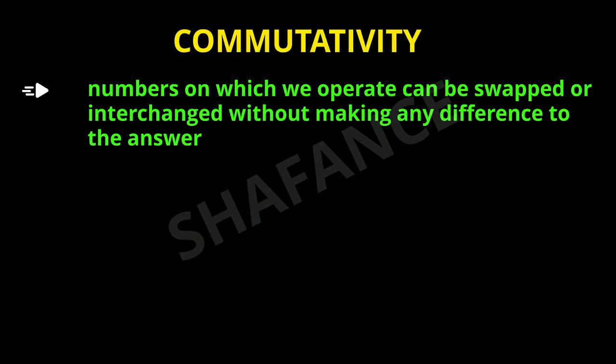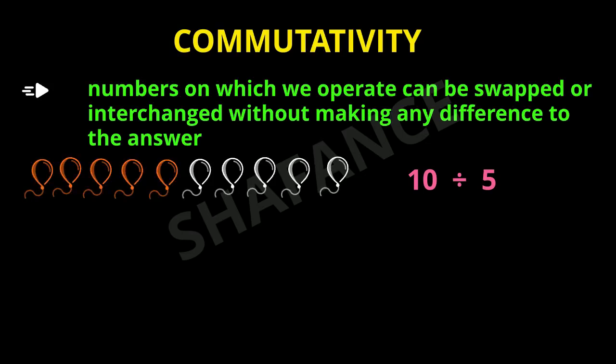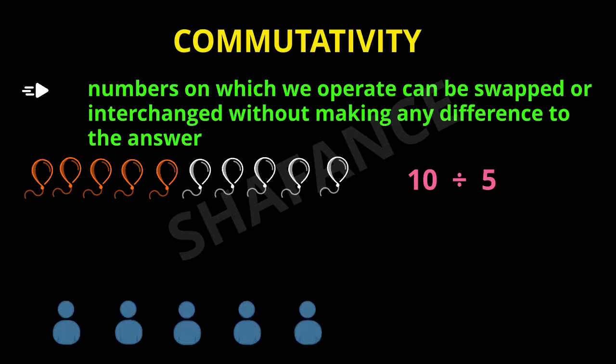Now we will see whether commutativity holds true for division also or not. Let us take an example of division. We take 10 divided by 5. So that means 10 counting numbers are divided by 5 numbers. Let us take an example of 10 balloons. We have to divide 10 balloons among 5 people.